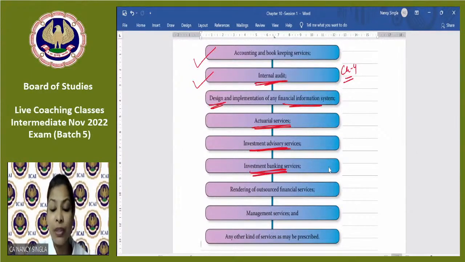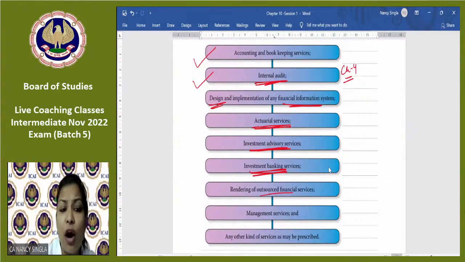Investment banking, if a firm is giving the services to, let's say, A Limited with respect to raising of capital, the IPOs, the mergers, all those services, the financial consultancy, then that firm cannot be appointed as the auditor of the company. Rendering of outsourced financial services, the company has outsourced certain financial services and you are providing that, then you cannot be appointed as the auditor of that company.